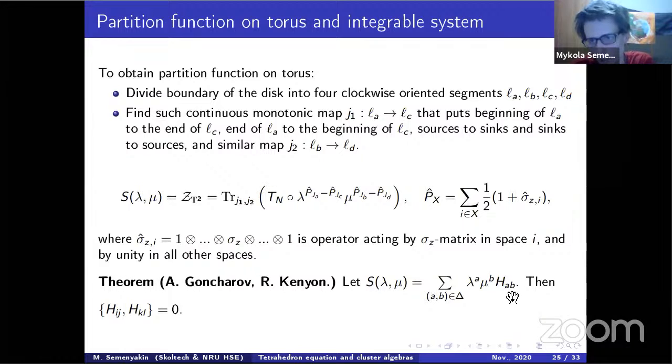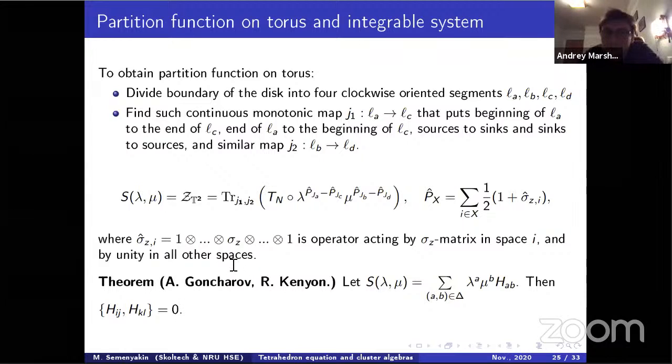The coefficients are some expressions depending on Poisson variables, and these Hamiltonians are commuting. And they also proved this counting lemma, and they compared the number of variables.